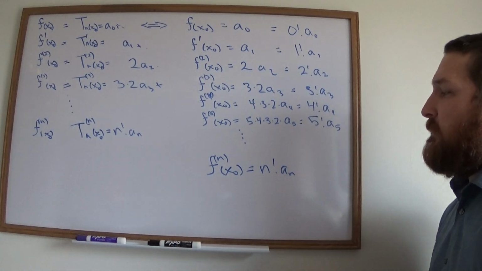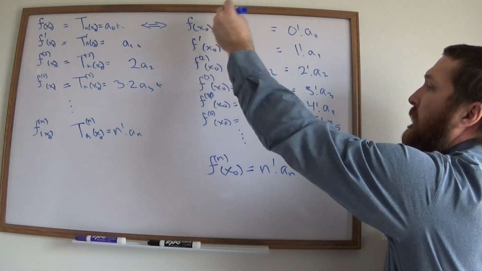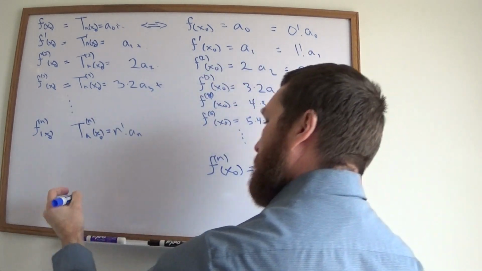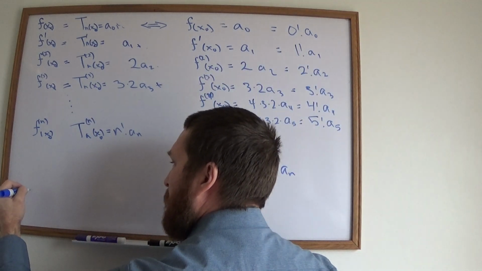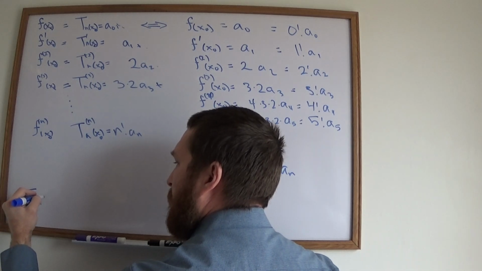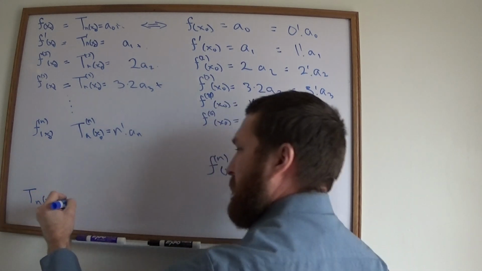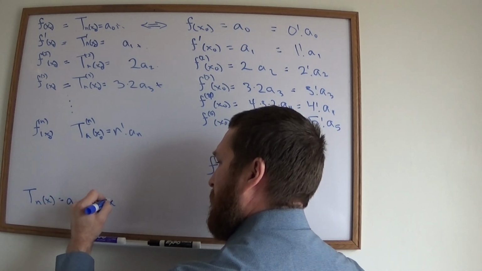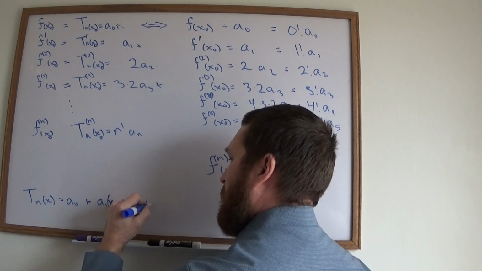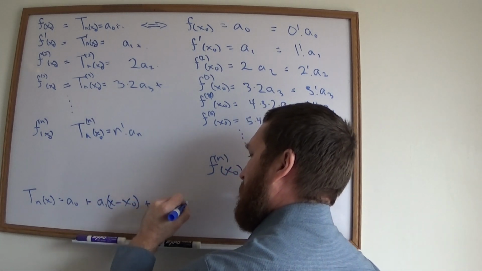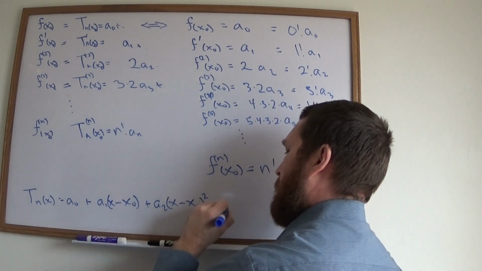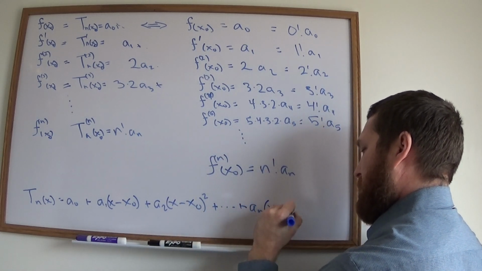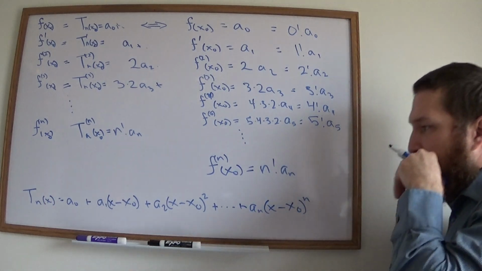Because remember, at the very beginning, well, let's go ahead and get the formula. Man, I wish I had a bigger board. So we said that this was a0 plus a1 times (x minus x0) plus a2 times (x minus x0) squared, all the way up to an times (x minus x0) to the nth.